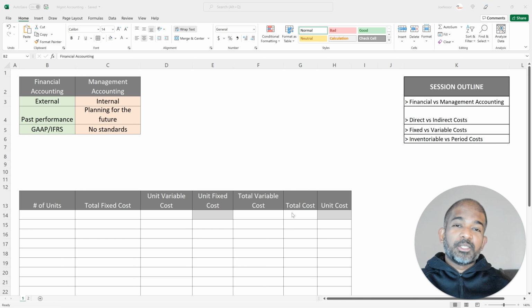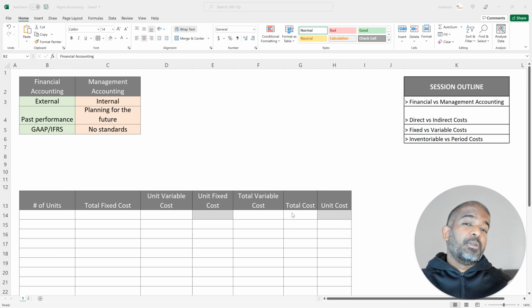But you have to always keep in consideration that there's always a range within which a cost remains fixed. For example, if a factory is capable of producing 1,000 units of something, then the costs remain fixed only until the production of 1,000 units. If you want to produce more than that, you might have to establish a second factory or look for some other investment in order to meet these expectations.